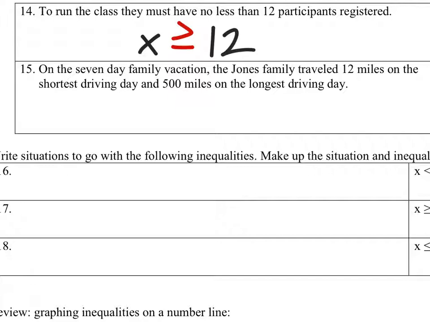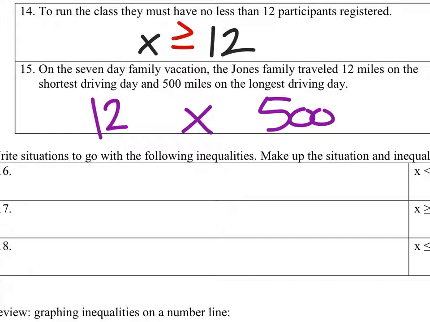On the 7-day family vacation, the Jones family traveled 12 miles on the shortest driving day and 500 miles on the longest driving day. So it's a 7-day trip, which really doesn't matter on this, right? We're just looking at distance traveled, X. We're going to compare it to 12 and 500. X is the amount they drove on any specific day.